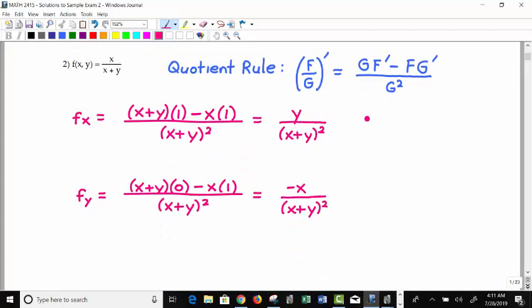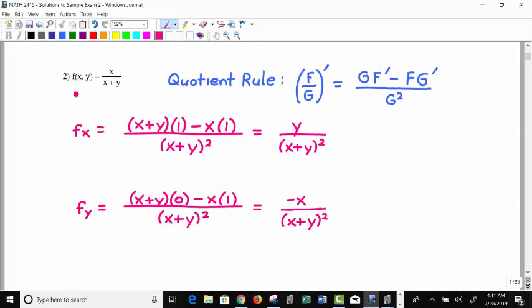Problem 2, same question. First order partial derivatives. The function of two variables is x over x plus y. So I'm going to use the old quotient rule from Calculus 1: bottom times the derivative of the top minus top times the derivative of the bottom, all over the bottom squared.